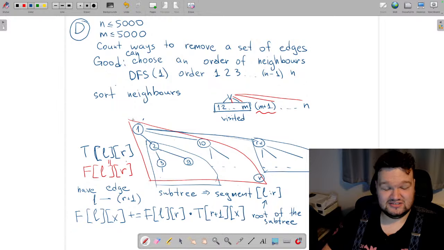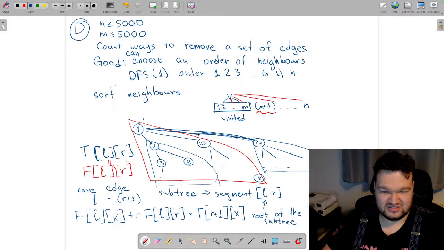So the last thing I did was to explain the transition. When we want to add a new subtree, we need to make sure that this edge exists.